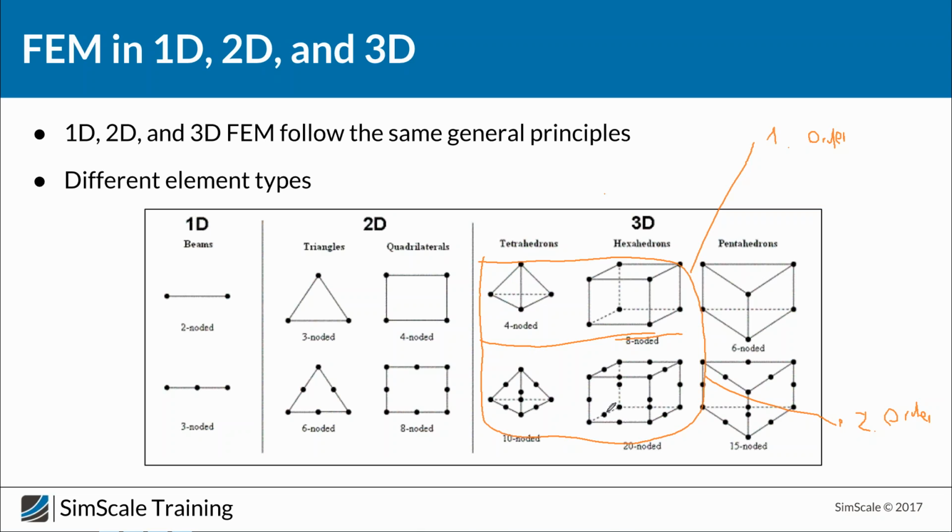And if you use the second order elements, your elements are larger, which means it will take more computational resource to compute, but the interpolation is better. And here we have between the nodes a linear interpolation, where we have a quadratic interpolation here. And especially if we have larger changes of stress or strain, sometimes it's smarter to use these elements, because here I have a higher resolution at the same size compared to the first order elements.